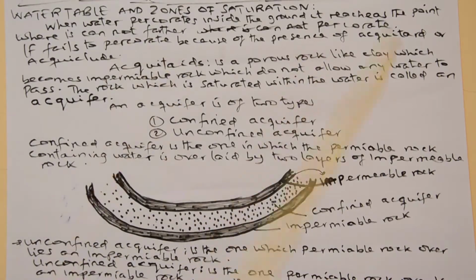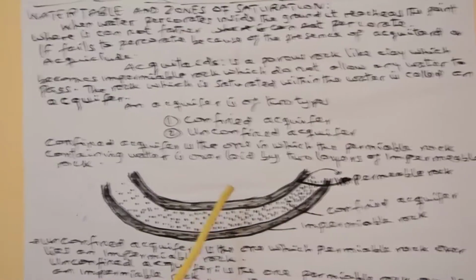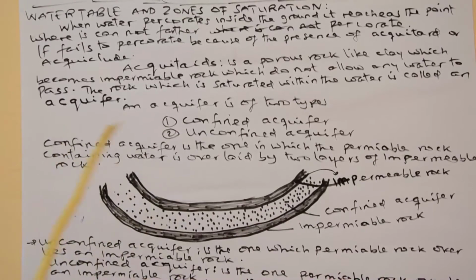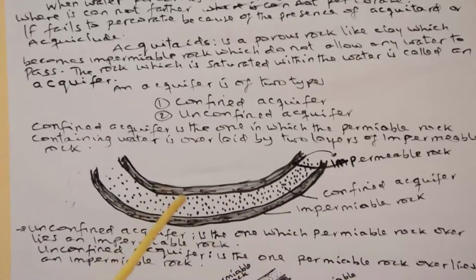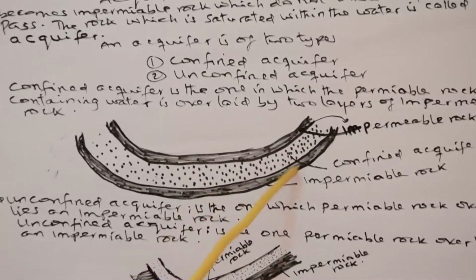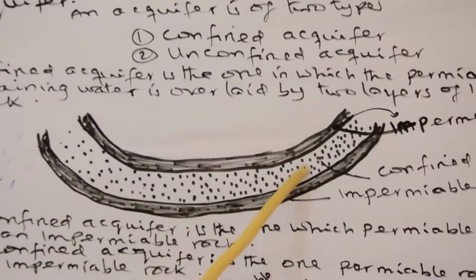An aquifer is of two types: a confined aquifer and an unconfined aquifer. A confined aquifer is one where the permeable rock containing water is overlain by two layers of impermeable rock. Dear students, remind yourself of the meaning of aquifer: it is the landmass which can store water.